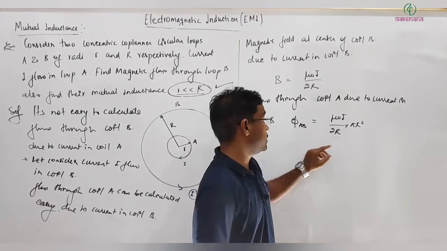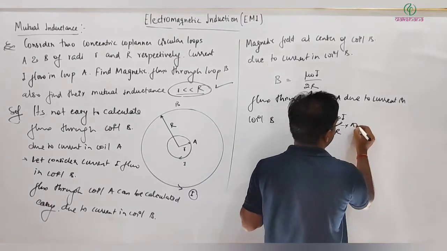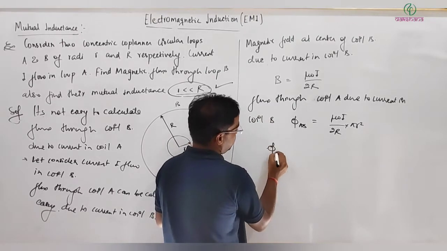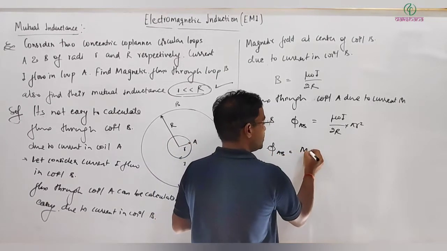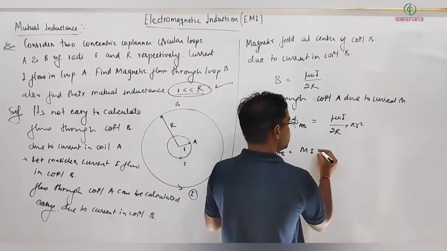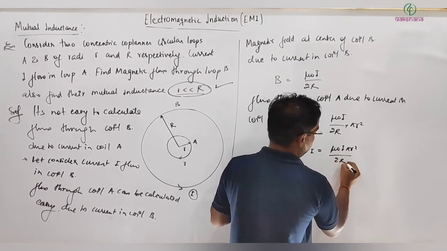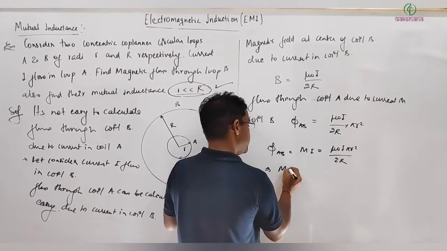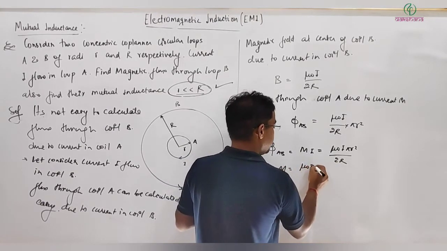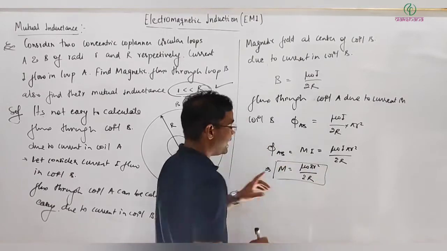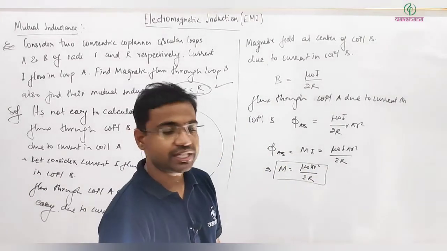Getting it? Pi into small r square. So this is the flux, and this flux can be written as phi AB is equal to mutual inductance into I. So this implies mu naught into I into pi r square divided by 2R, and this implies the mutual inductance is equal to mu naught into pi r square divided by 2 times capital R. So I got the mutual inductance, right?